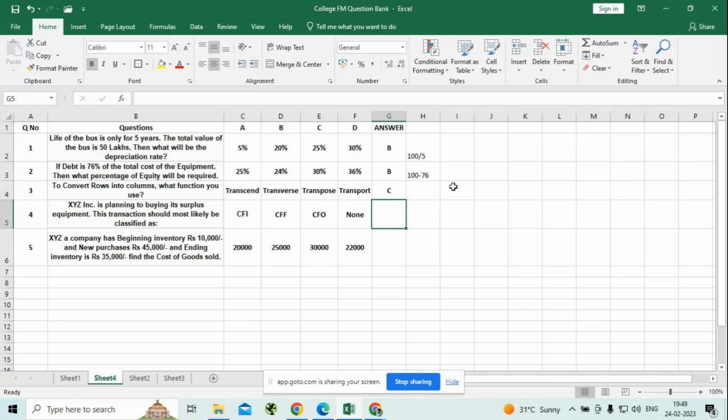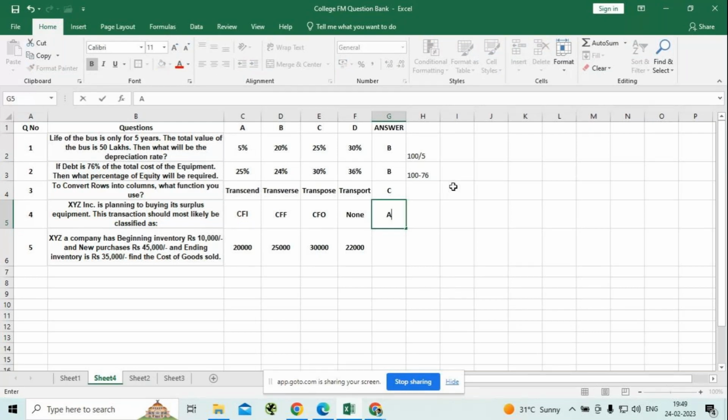Sir, would it be CFI? Because CFI is all the investing activities, right? When you're buying extra surplus equipment, it will be like extra inventory in hand, no, sir? Yes. The answer is CFI.